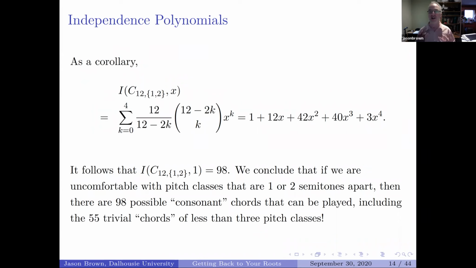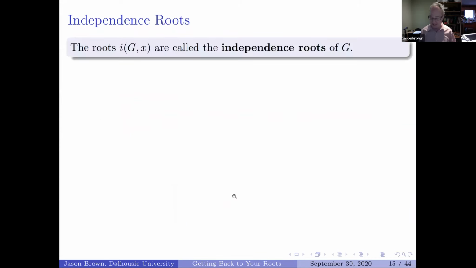So this is the great thing about our application of these circulant graphs to music theory. If you take away the 55 trivial chords consisting of either 0, 1, or 2 pitch classes, we find there are 55 of those out of the 98. So this allows us to count nice sounding chords.